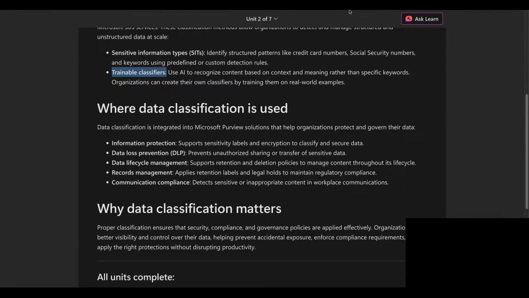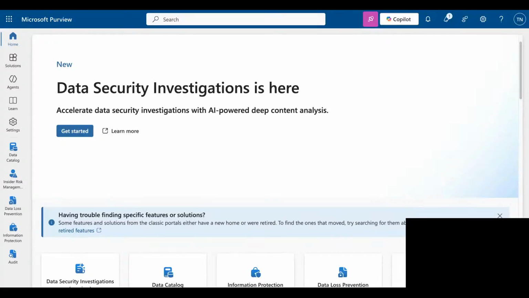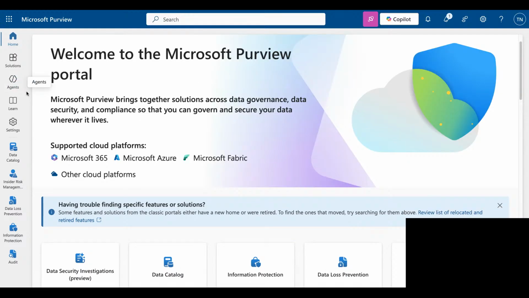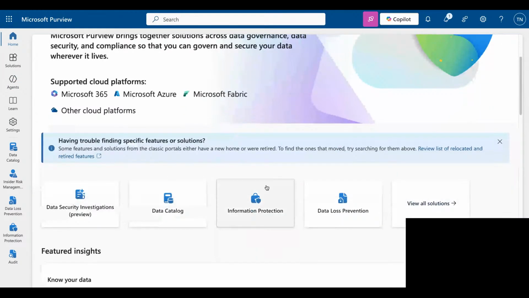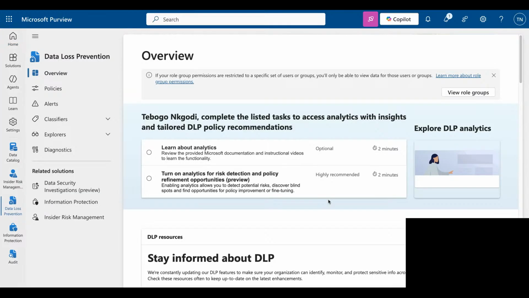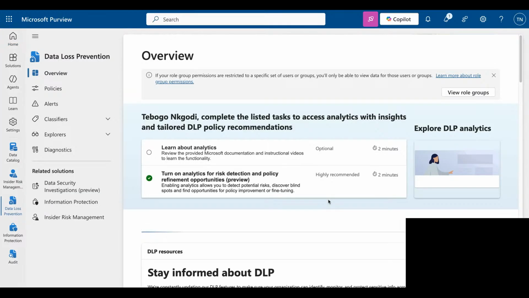I'll go back to the Microsoft platform, then you can see. Okay, I'll come back here on Microsoft Purview. Then I'll open data loss prevention.